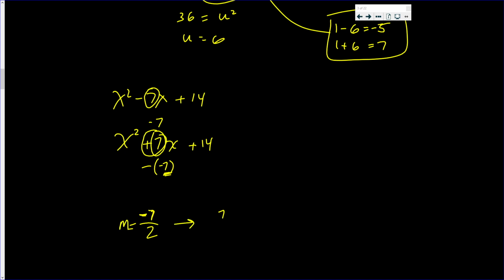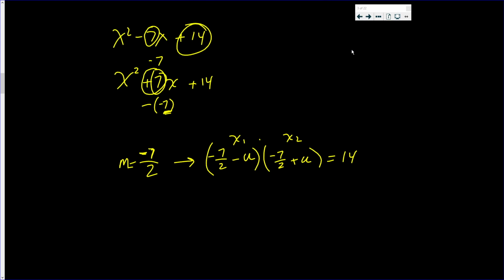So this here is the midpoint. So we know that the roots are the midpoint minus u times the midpoint plus u. But this is one root, that's the other root. And we're multiplying them. Oh, I know what we get. We get 14. It's just the way it is.